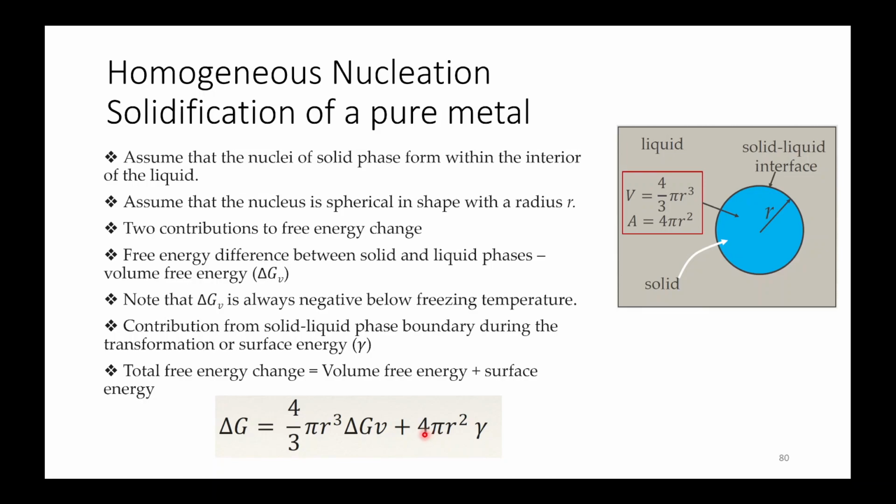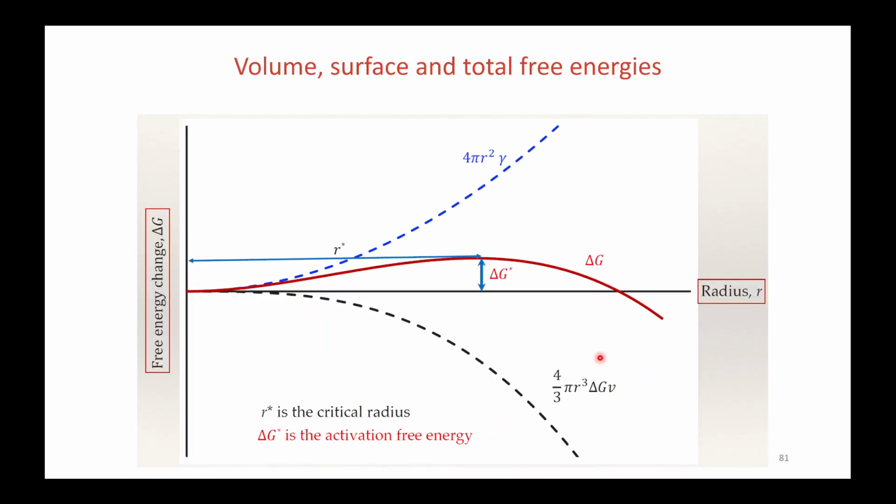Here you have to multiply with surface area, so this is the surface energy per unit area. Now this is your surface energy, which is positive. It restricts the formation of nuclei, and the volume energy is the driving energy. So this increases faster as it has a cube in it.